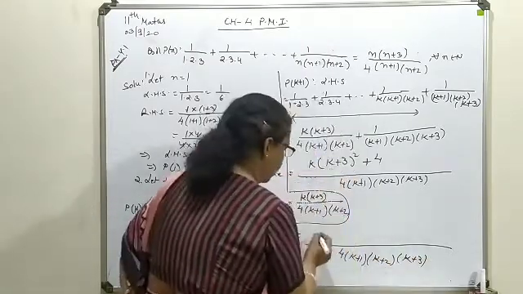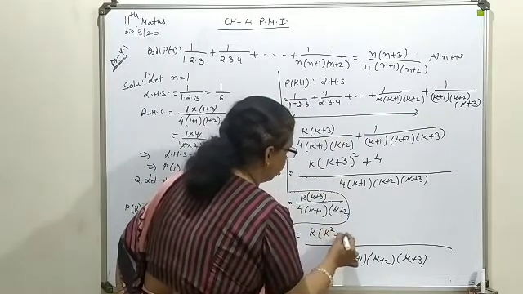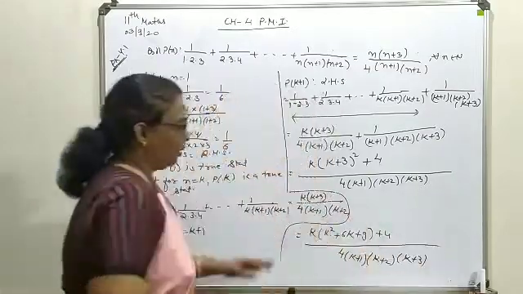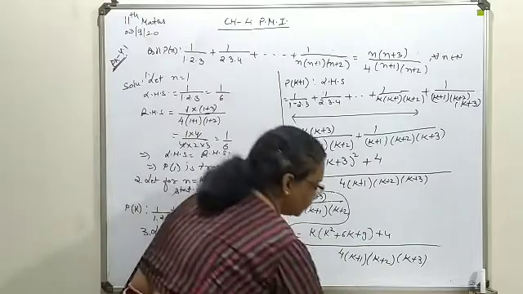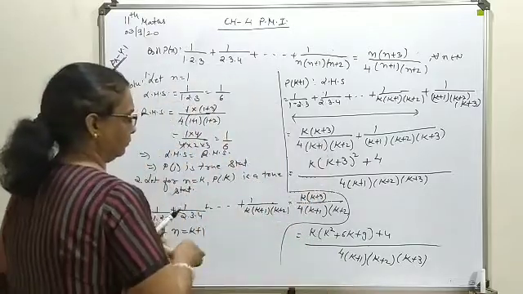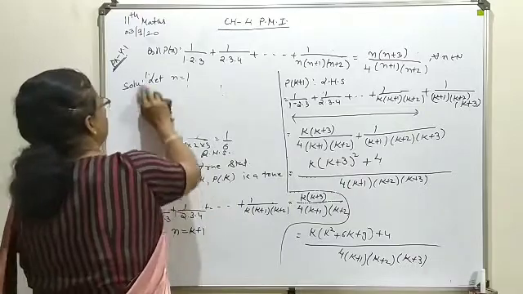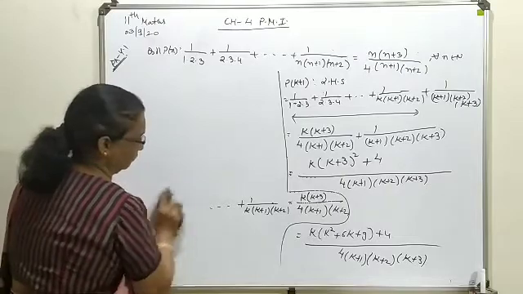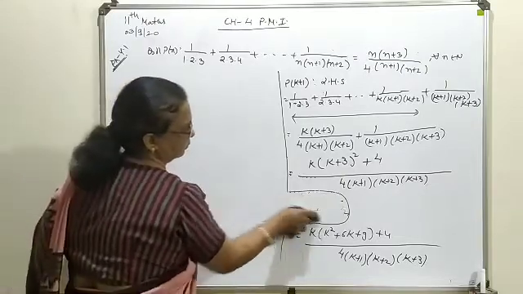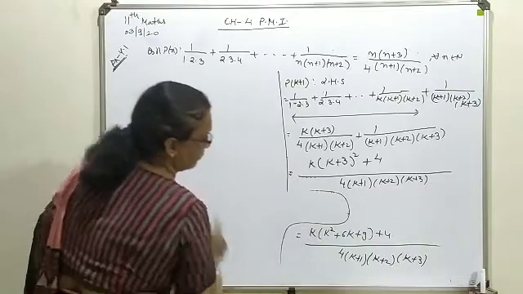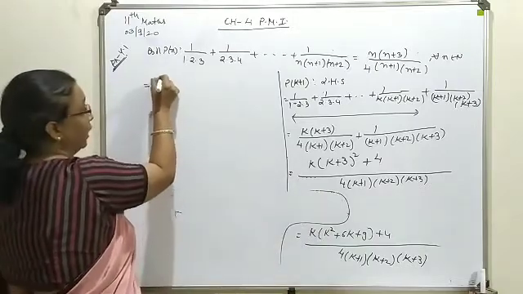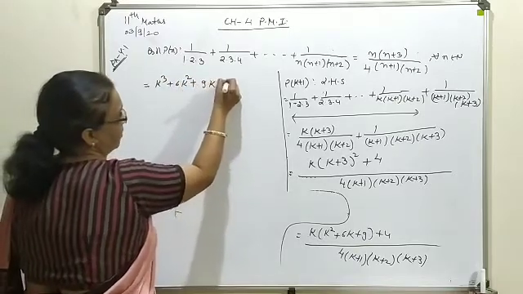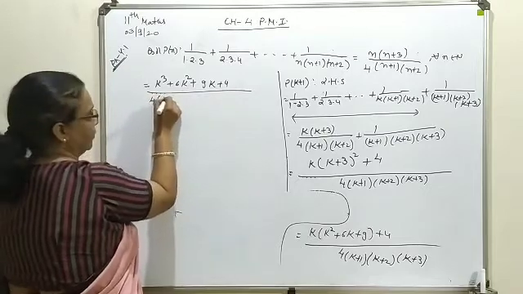Here expand: k square plus 6k plus 9, plus 4, multiplied with k. So further you will have k cube plus 6k square plus 9k plus 4. This you keep as such.